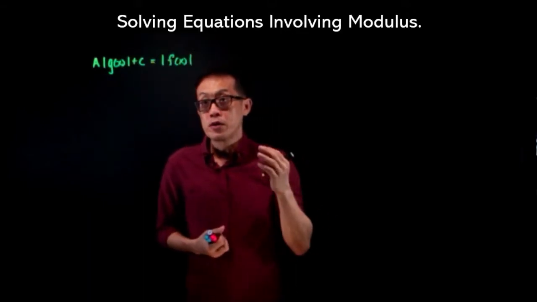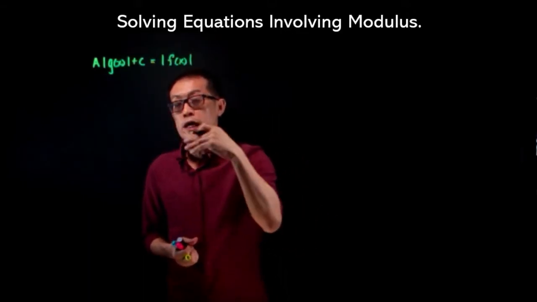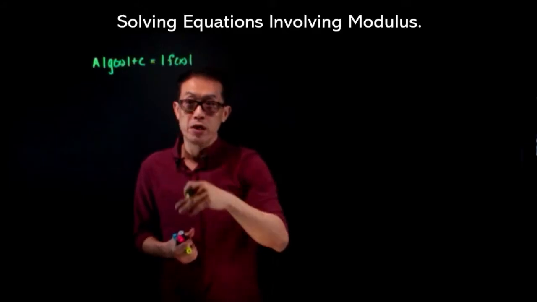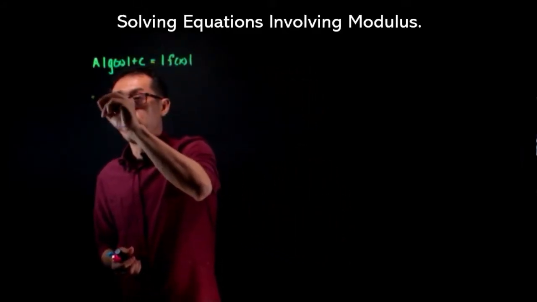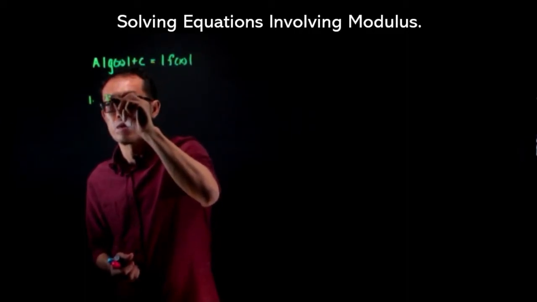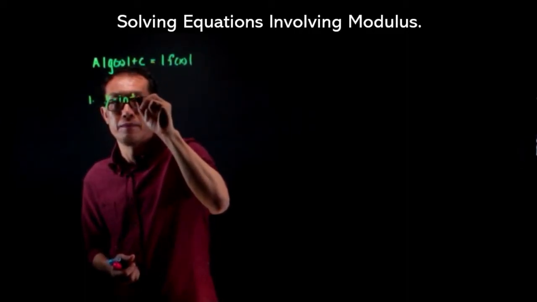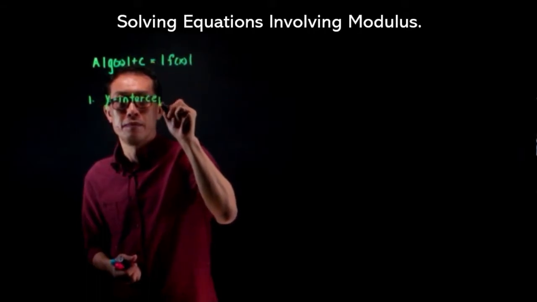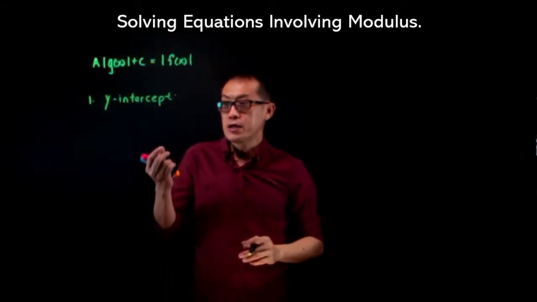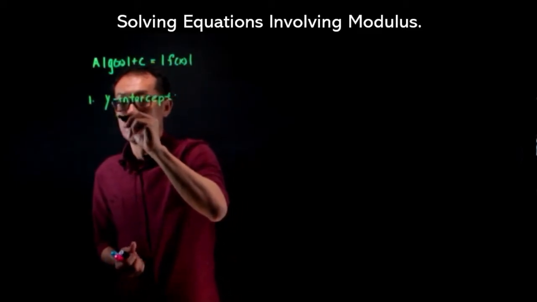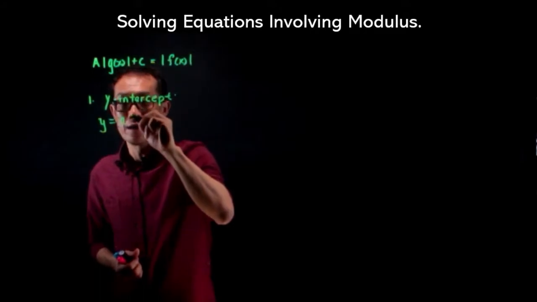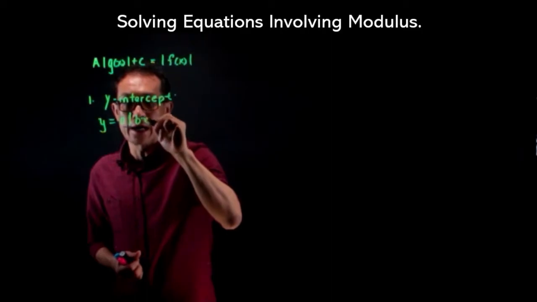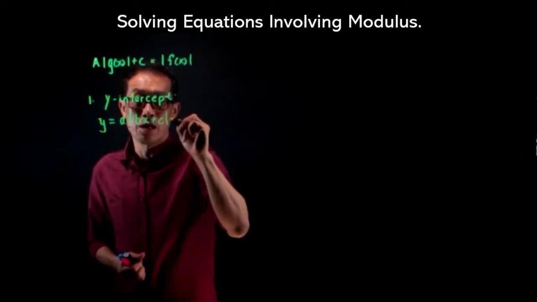So what are the key points to take note of when you sketch a modulus function? One, you must find the y-intercept. Let's say you want to sketch the graph y equals a mod bx plus c, plus d.